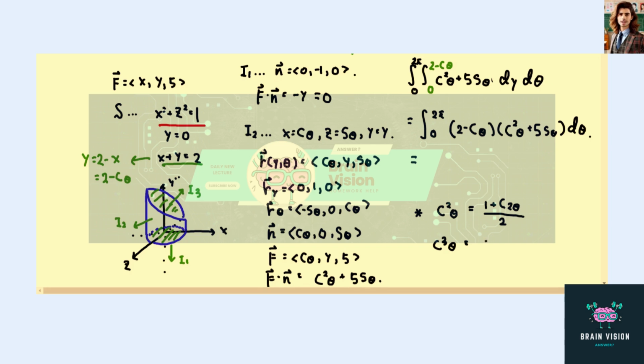So you can do cosine theta times 1 minus sine squared theta. And then the u substitution of letting sine theta equal u will work out very nicely in this case. So using this identity, you should be able to do the evaluation of the integral without any problems. Anyhow, going through all of that calculation, you will be able to calculate that this is equal to 2 pi.